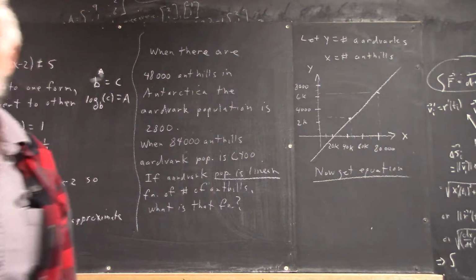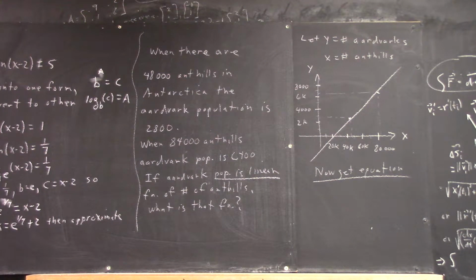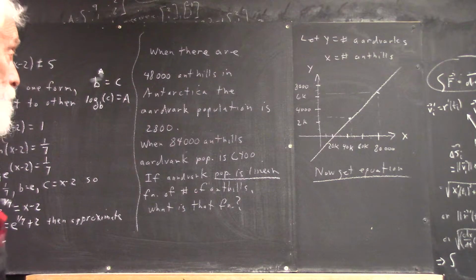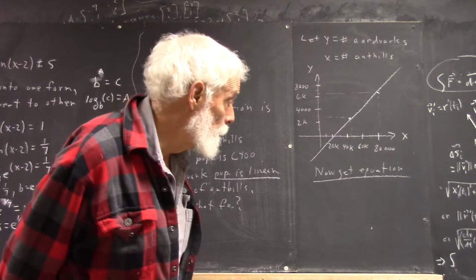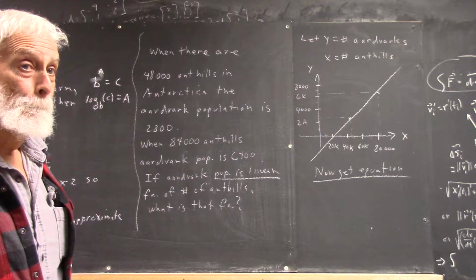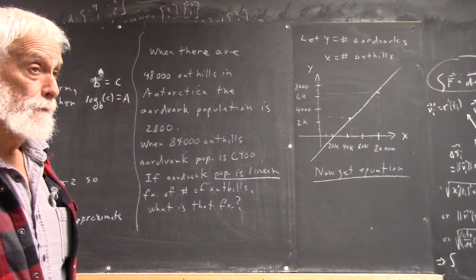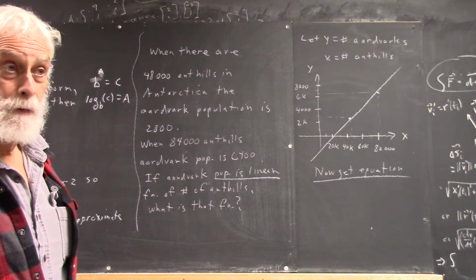Then I can ask you questions. Like, how many aardvarks are going to be in Antarctica if there are no anthills? Can you see from the graph approximately how many aardvarks there would be if there were no anthills? How many would it be?